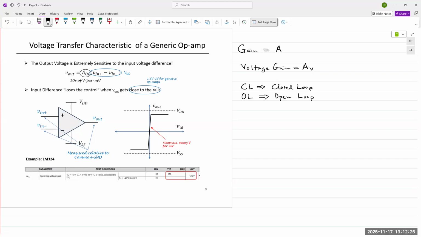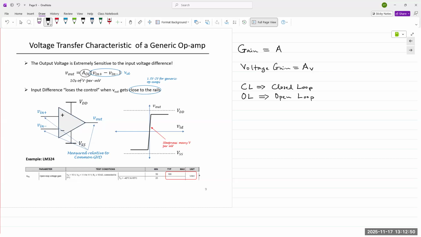All right, so these are just some of the terms that we need to understand before we discuss any of the derivations. Gain is represented with uppercase A, voltage gain with AV. CL means closed loop. OL means open loop.